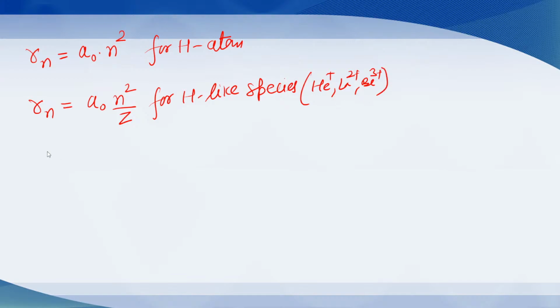Okay. So what is a naught? A naught is equal to 0.529 angstrom, or it is equal to 52.9 picometer.